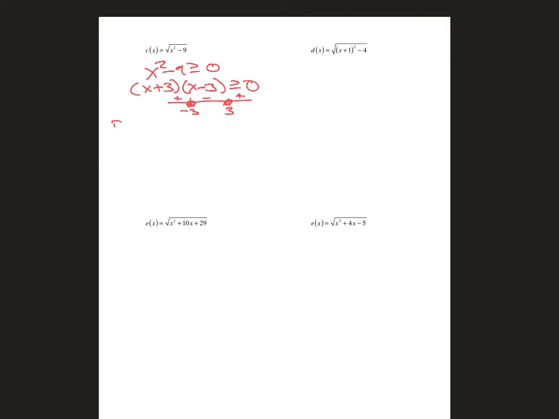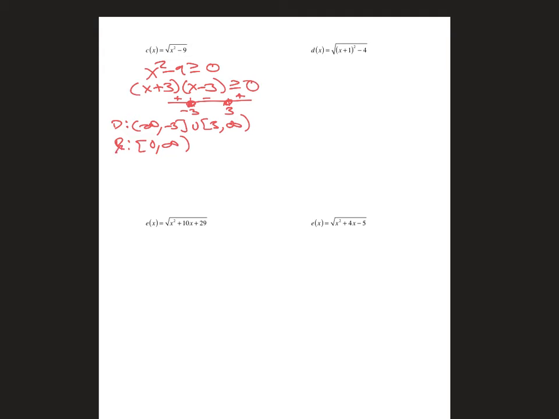So my domain is -∞ to -3 inclusive, union 3 to infinity. And my range, the smallest is when the inside of this square root is 0, and the biggest will be infinity. So the range is 0 to infinity.